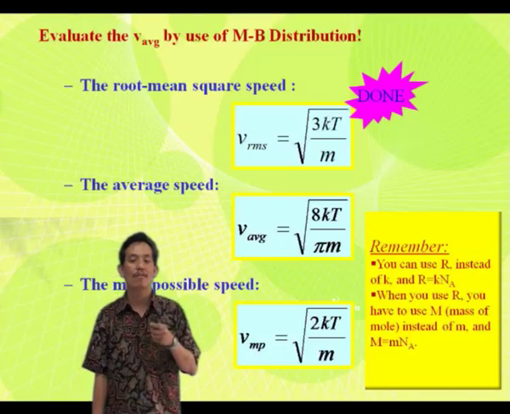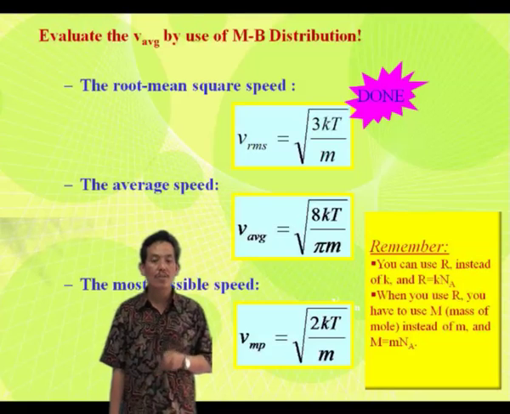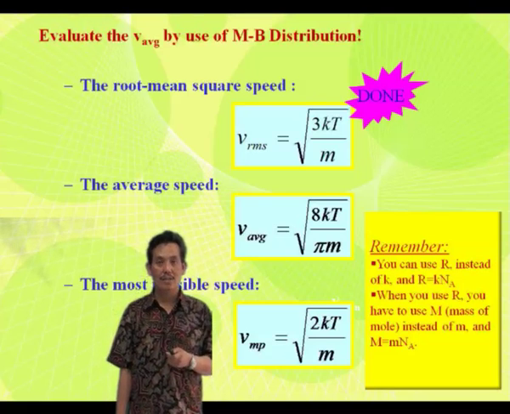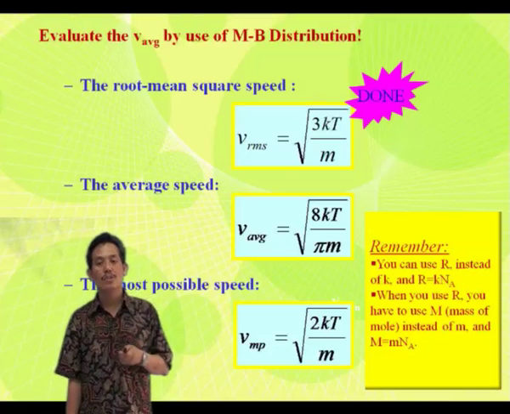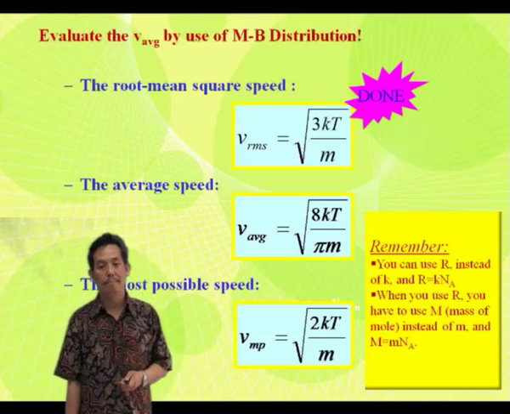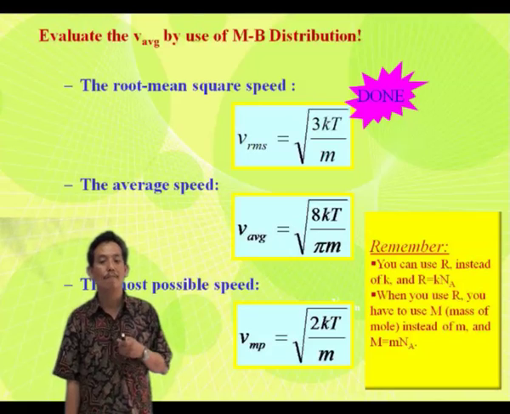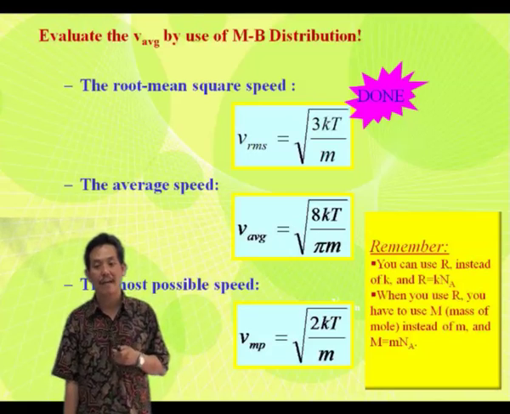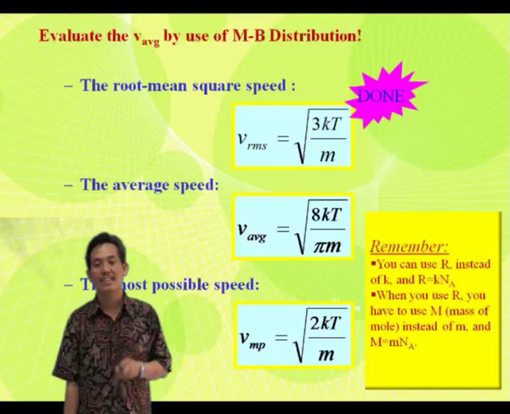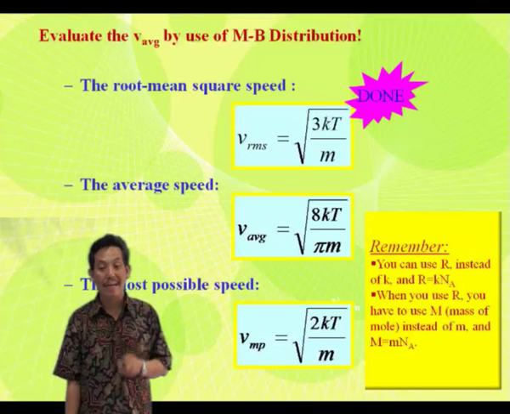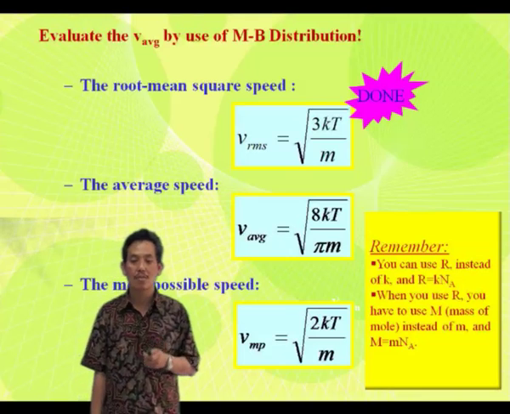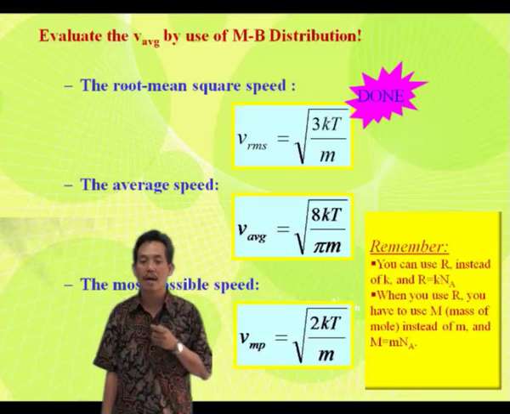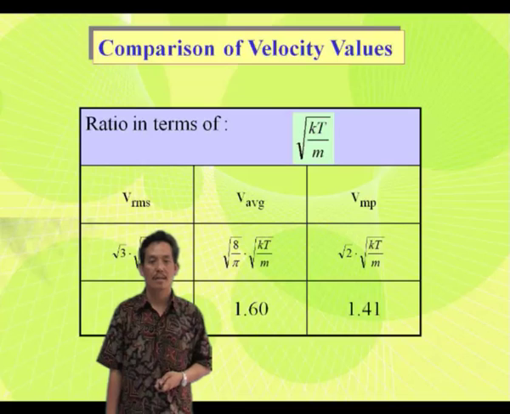You cannot forget this. When you use R, then you have to use M, capital M. M here is the mass of a mole, instead of small m, which is the mass of the molecule. And here the mass of the mole is equal to the mass of the molecule times Avogadro number.